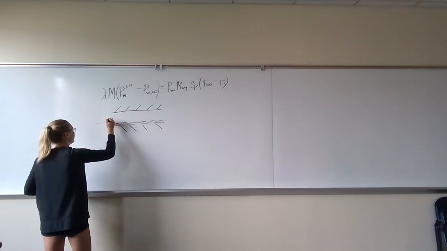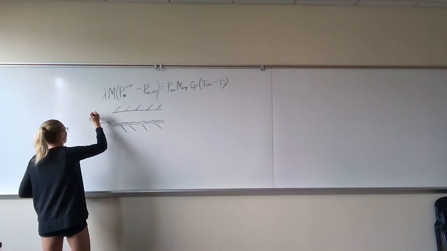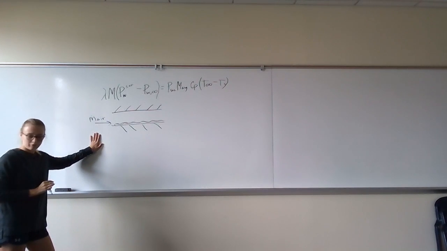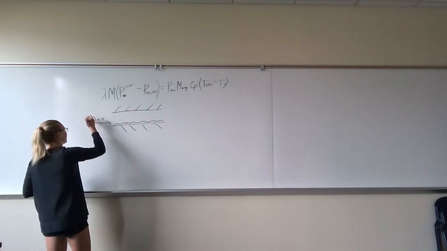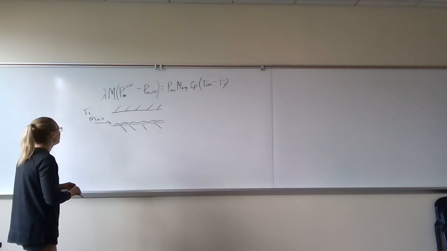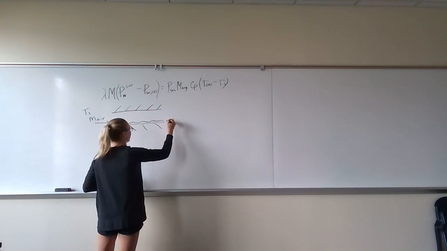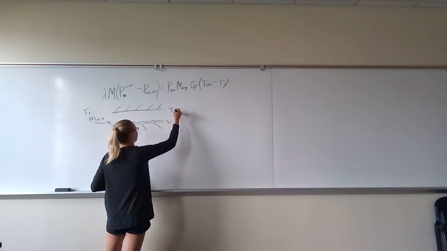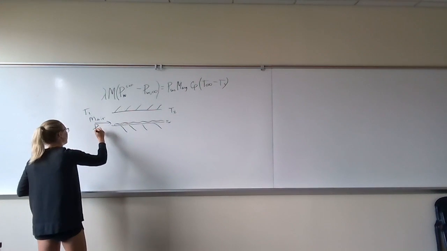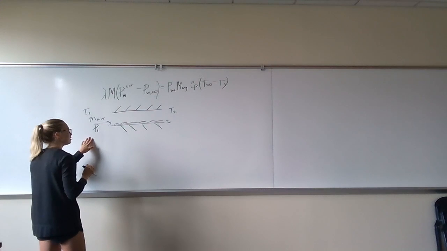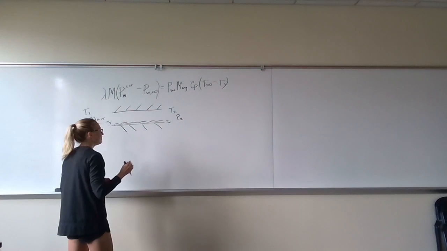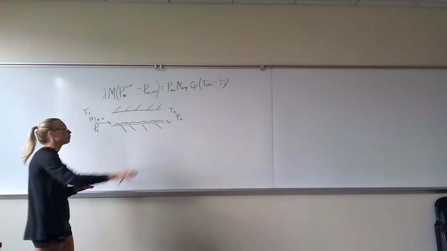And then air is blown across the top, so we have the mass flow rate of the air and temperature going into the tube, and this is the temperature of the water, and then out here we have the temperature going out of the air and the partial pressure of the water vapor going into the tube and the pressure of the water vapor coming out of the tube, and then the mass flow rate of the air will remain the same throughout.